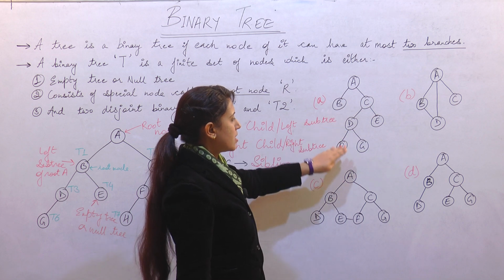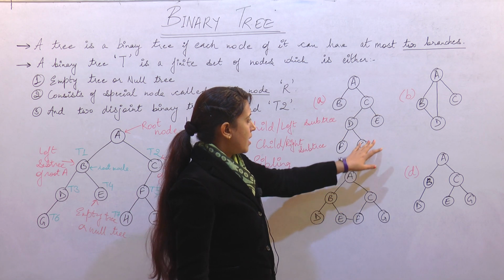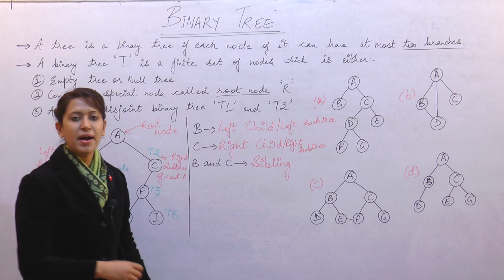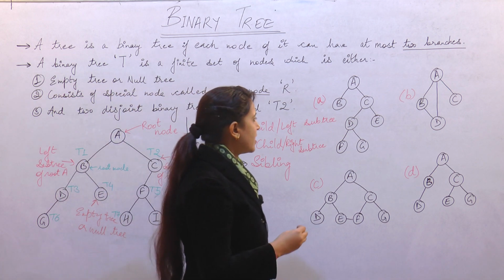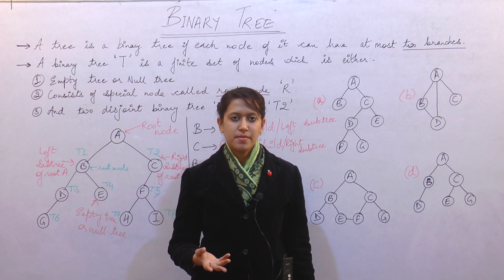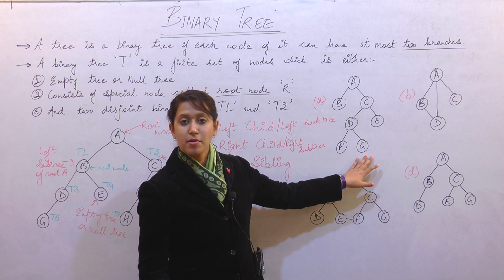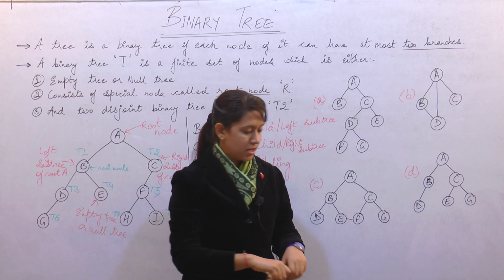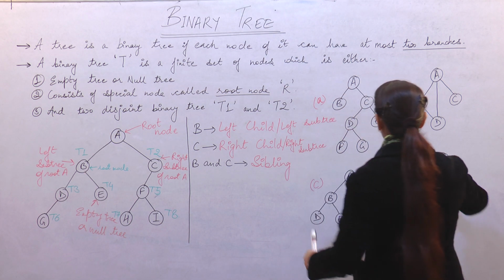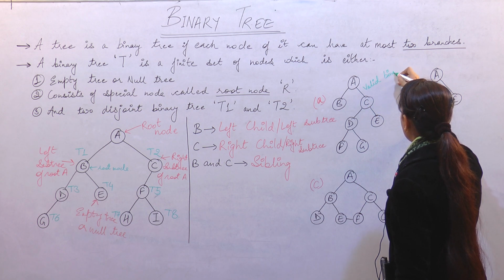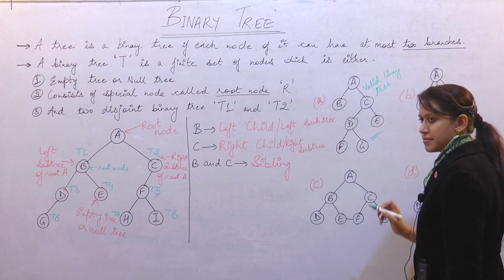Coming to D, D has also two children and E does not have any children. So this is a valid binary tree because each and every node is having either no children, one child, or at most two children. So this first main property of binary tree is getting fulfilled. So this is a valid binary tree.